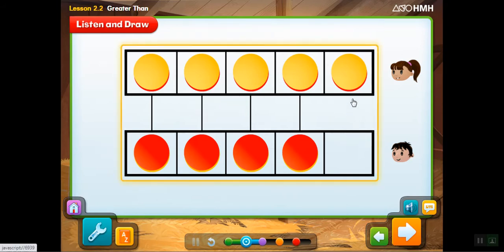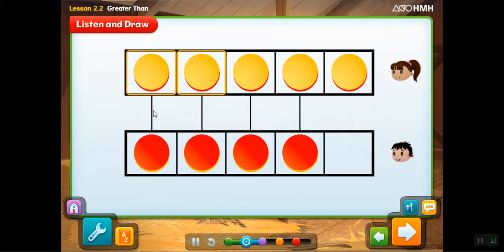So first of all, we can see that not every counter here has a match. So that's going to tell us that these sets are not the same like all the sets we did the other day were. These are different, and we can count to find out which one is greater. 1, 2, 3, 4, 5. There are 5 yellow counters in Meg's set. Now count Oliver's set. 1, 2, 3, 4.